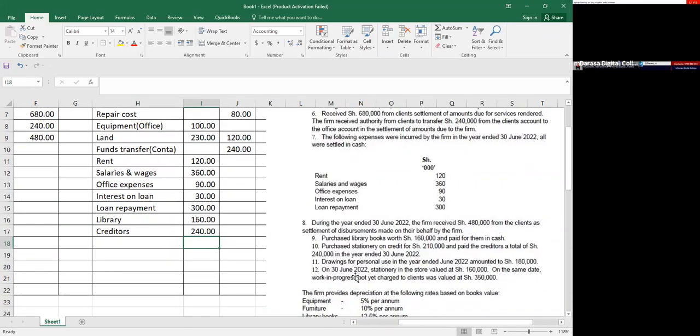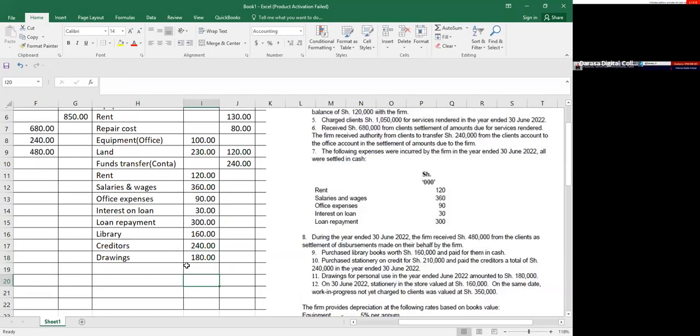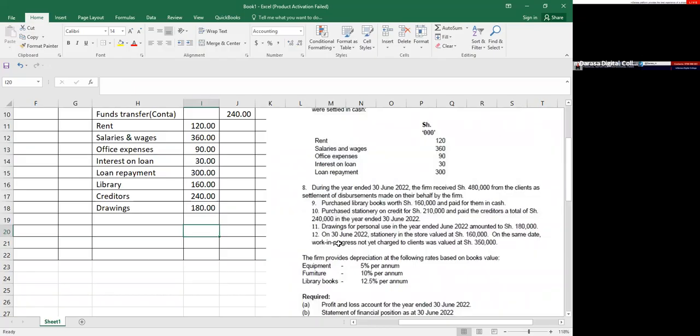Drawings for personal use in the year ended 30 June amounted to 180. Basically, drawings, because we didn't have goods, in this case you assume it was cash. So drawings, a figure of how much? 180. Then on 30 June, stationery in store valued at 60, and work in progress not yet charged to clients amounted to that.